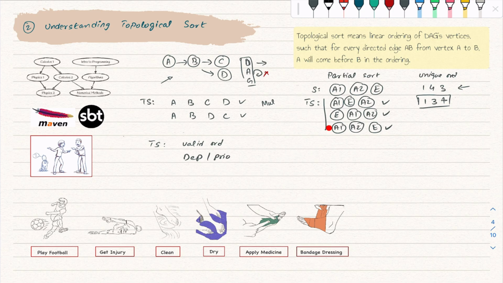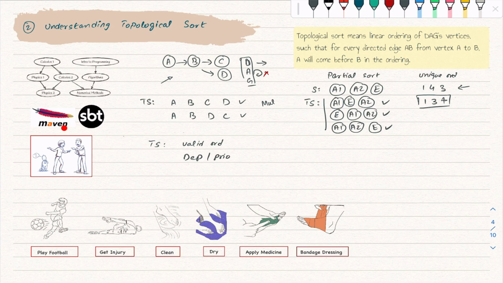Any question where scheduling, grouping, dependency or prerequisites are coming up, we can use topological sort. In a real world example, if there is a course where you have to do multiple subjects, and some subjects have prerequisites, so before doing some subject, you have to complete another subject before that, there we can use topological sort.